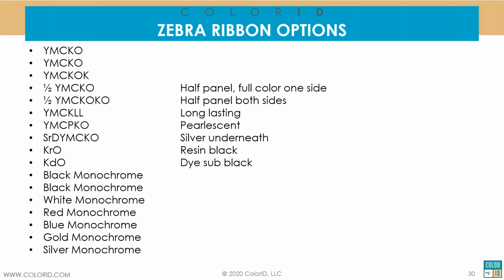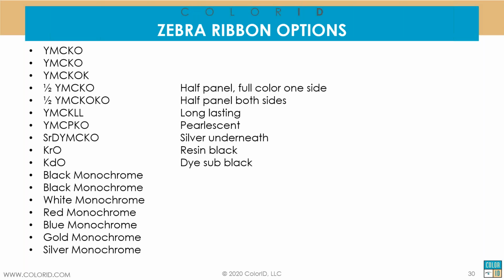Something that Zebra has done that is interesting that other manufacturers have dabbled in, but they seem to have really taken it seriously, is they've introduced a wide range of really unique ribbons. So up at the top, YMCKO, obviously yellow, magenta, cyan, and black, and then the O is the protection layer. But then you can get a half panel, full color on one side.